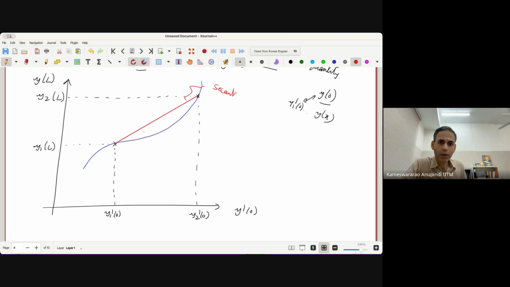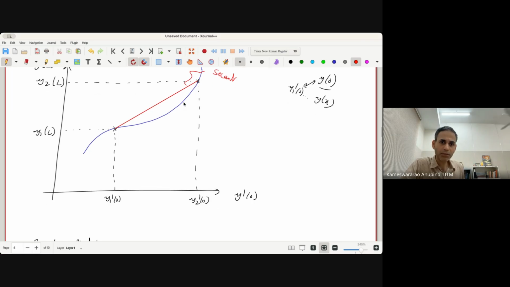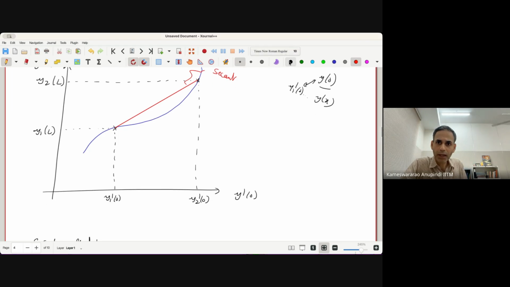That means, what will be the equation of the secant? The equation of the secant we can write as this. It would be essentially y prime of 0, which is on the x-axis. So this is my independent quantity. You can think of y prime of 0 like some x. So I want to write x equal to my plus d, rather than y equal to mx plus c.